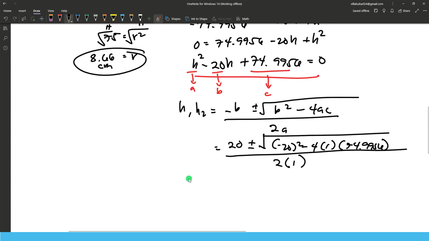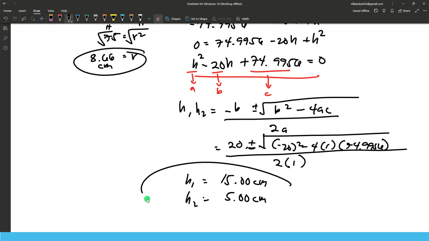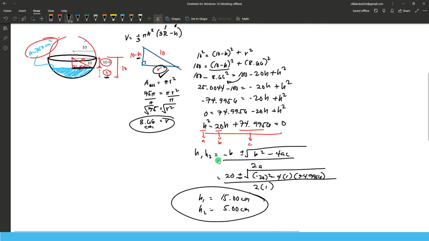Okay, if I use positive, we have 15.06 centimeters. If I use negative, the computed h is 5.00 centimeters.